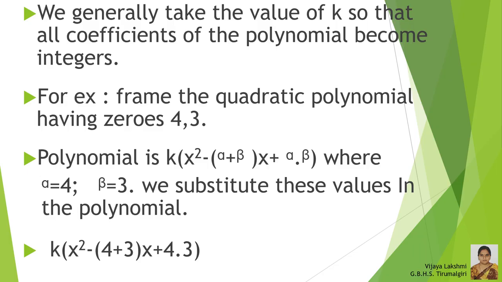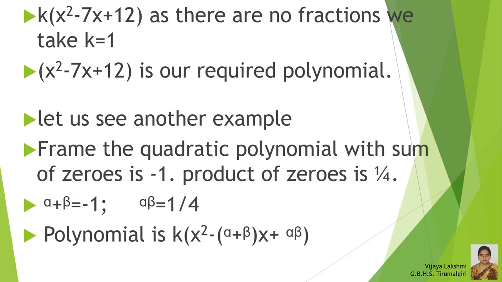We substitute these values in the polynomial. So k into x square minus, instead of alpha I am putting 4 and instead of beta I am substituting 3, so (4 plus 3) into x plus 4 into 3. So k into x square minus 7x plus 12. As there are no fractions, we can take k is equal to 1.